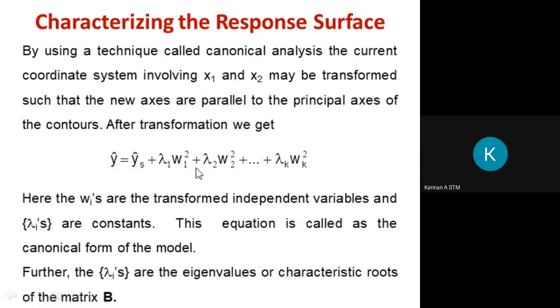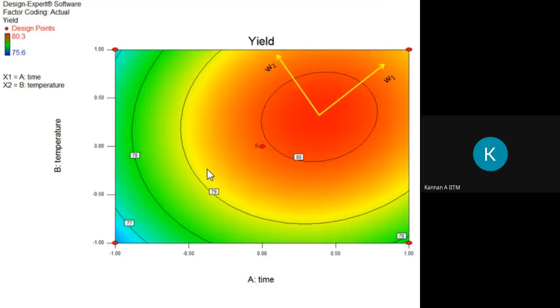The advantage of this transformed coordinate system is that the axes will be aligned along the contour plots. So rather than having a conventional x and y direction, taking into account the direction of the contour plots, after you make a canonical transformation, you have w1 and w2. These are more aligned along the direction of the contours.